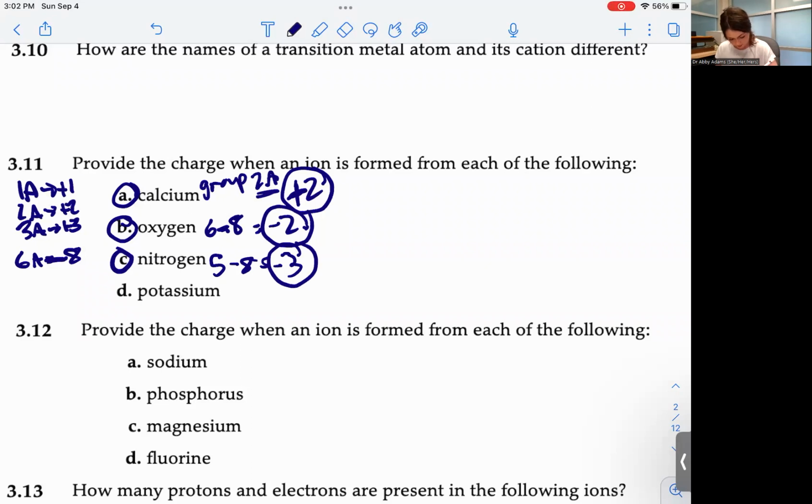So for potassium, that's in group 1A. So what is that going to be? That's going to be a +1 charge. All it has to do is lose 1 electron. So then it's a little more positive, right? It lost the negative, so it's a little more positive. Exactly 1 positive. Positive 1.